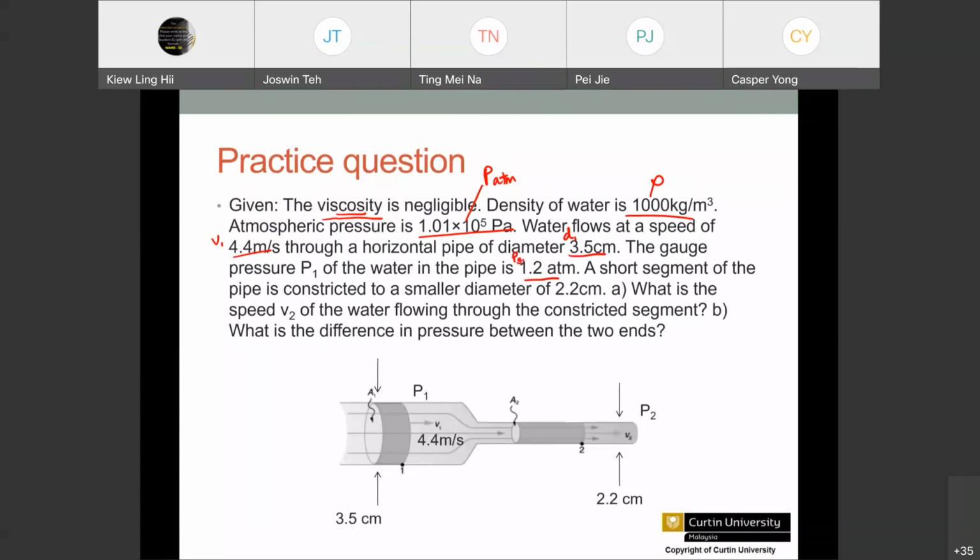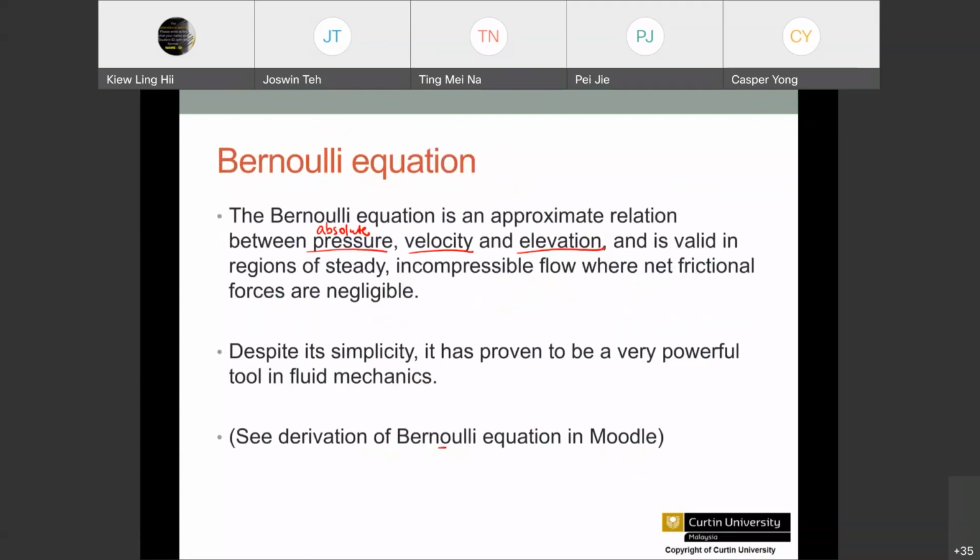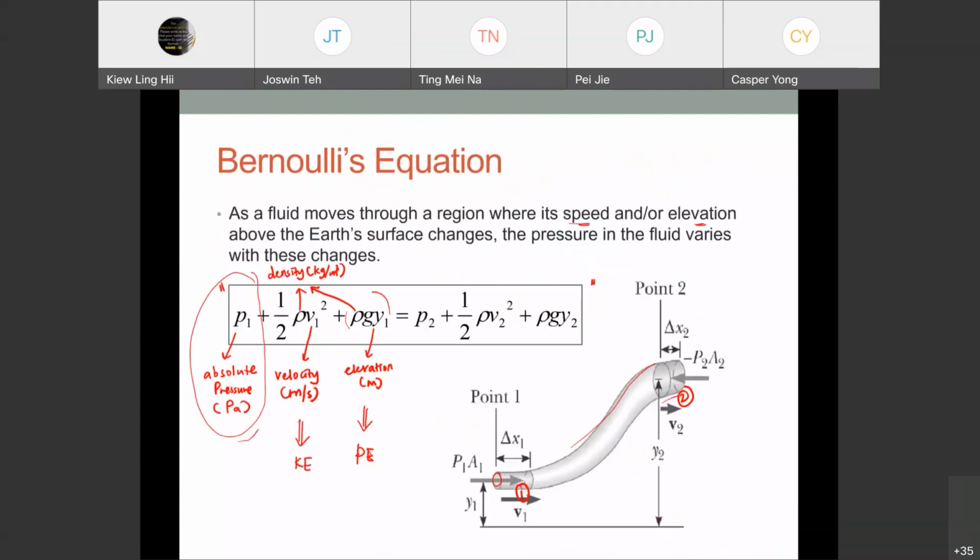Bernoulli principle. Okay, the Bernoulli principle is what you have learned in high school, right? It says that when the velocity of the fluids is higher, the pressure of the fluids is lower. When the velocity is lower, the pressure is higher.